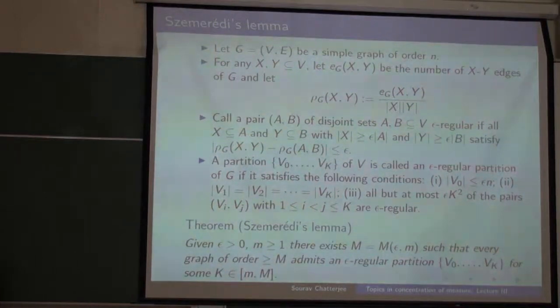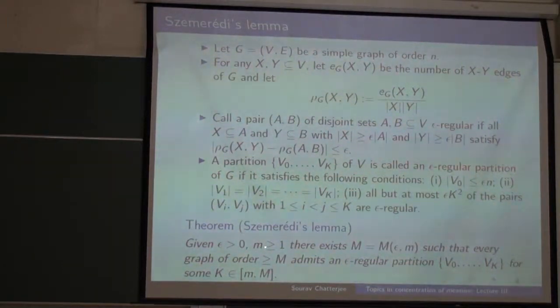So basically, any large graph can be divided into blocks so that the edges between the blocks are approximately randomly distributed. And Szemerédi's lemma controls this number of blocks if you give an epsilon. So you give me an epsilon, I will give you the number of blocks that are needed. It doesn't depend on the size of the graph. It just depends on epsilon.